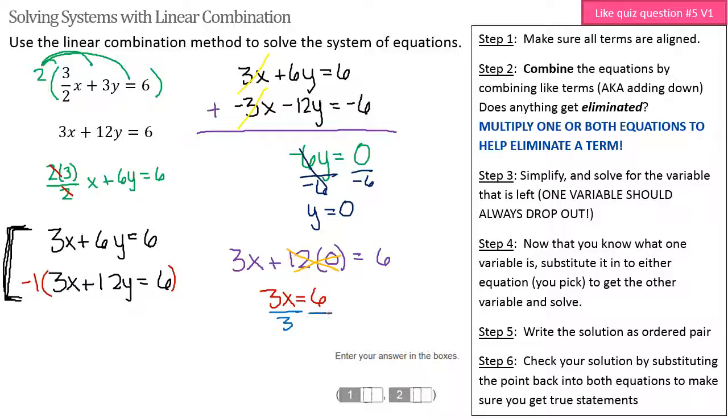Dividing both sides by 3, we get x is equal to 2. Writing that as an ordered pair, x comes first, so 2, 0. That's our solution. For number 5, you're also entering the answer in the boxes, so you'll just put 2 and 0.